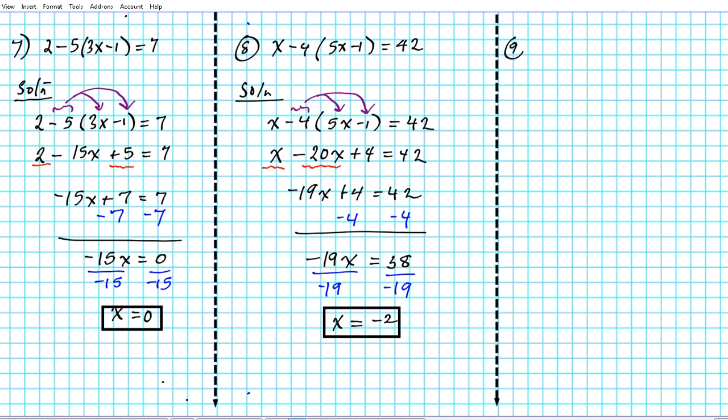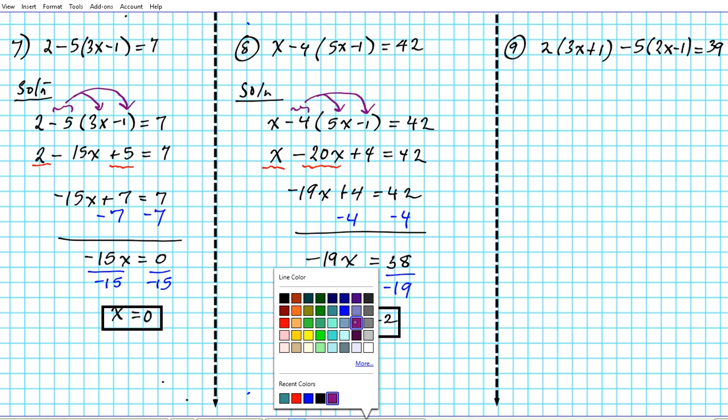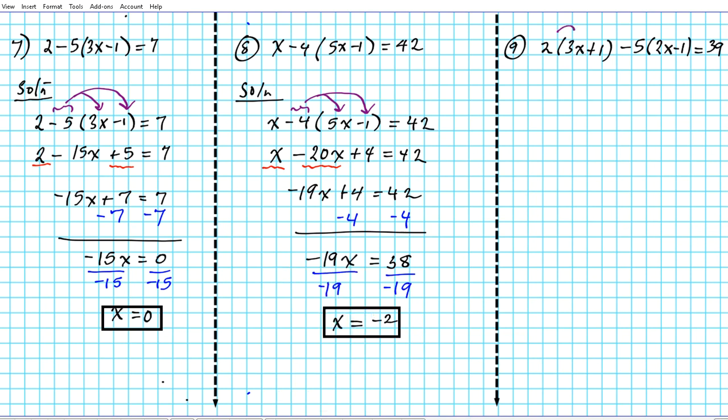Let's say we have the equation 2 times 3x plus 1 minus 5 times 2x minus 1 equals 39. Alrighty, so to do this, we're going to start off by getting rid of the parentheses. To do that, we're going to distribute twice here.